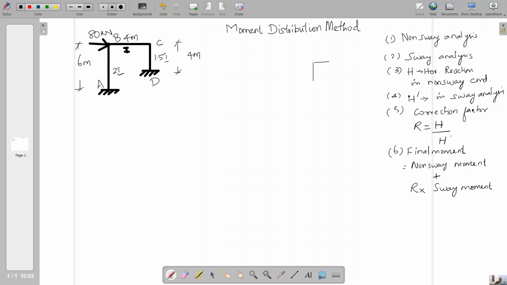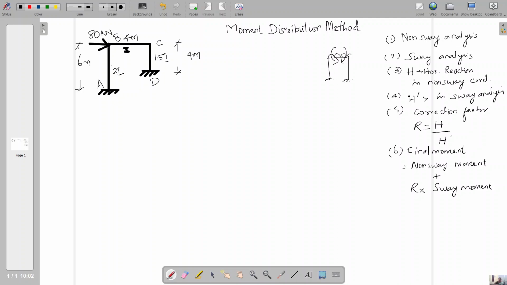If the load is applied on any span, we can calculate the fixed end moment: minus WL square by 12 on the left support and plus WL square by 12 on the right support. Then only can we create the moment distribution table and analyze the problem to find the non-sway analysis.